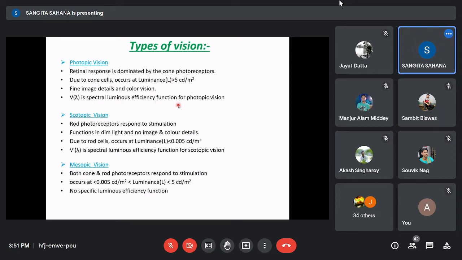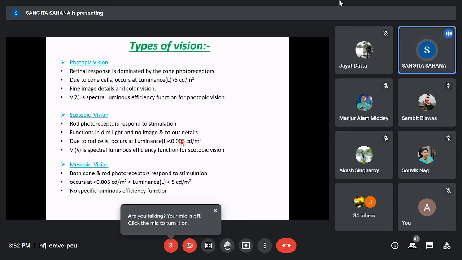But when that light level is low or dark, or when it is less than 0.005 candela per meter square, then the rod cells are functioning, and it is called scotopic vision, and it functions under dim light and we cannot identify the colors. For example, under moonlight, you can see some object, but you cannot identify the colors of the object, right? So that is an example of scotopic vision.